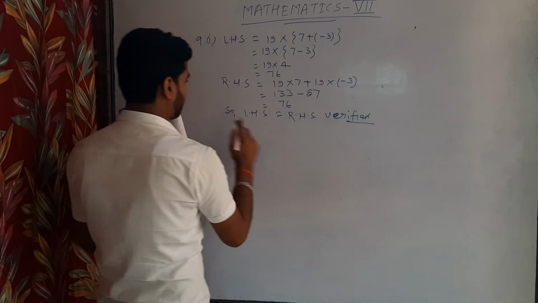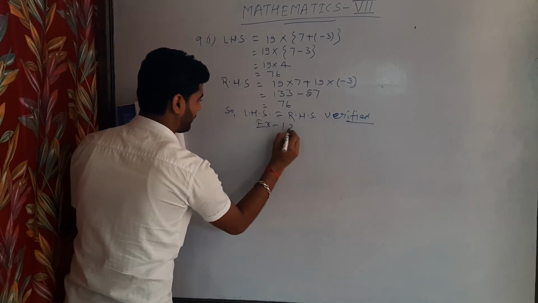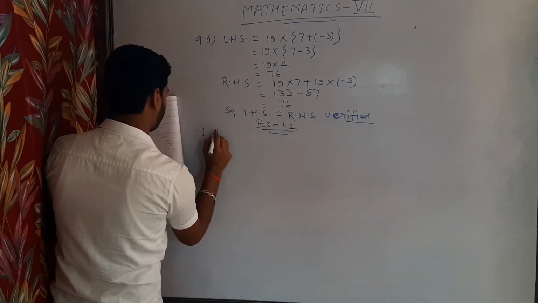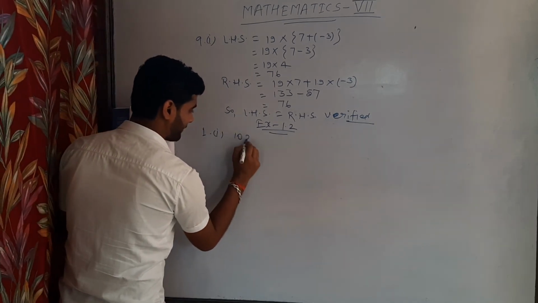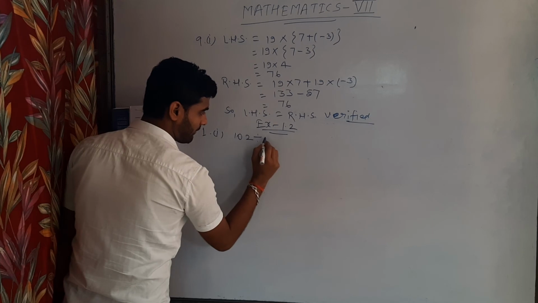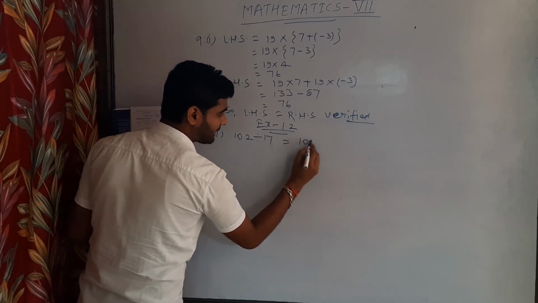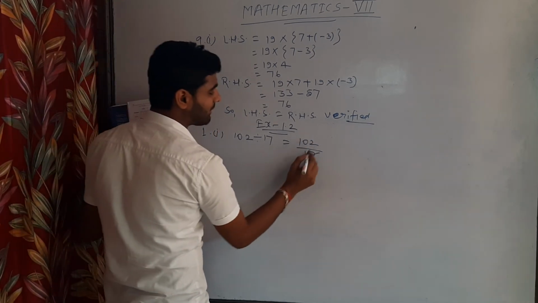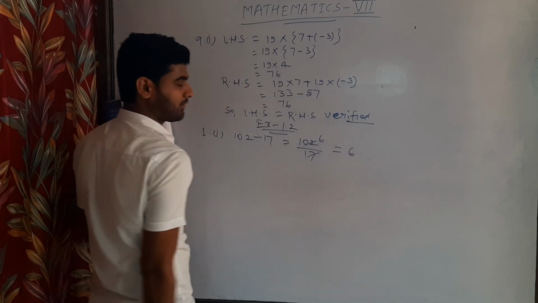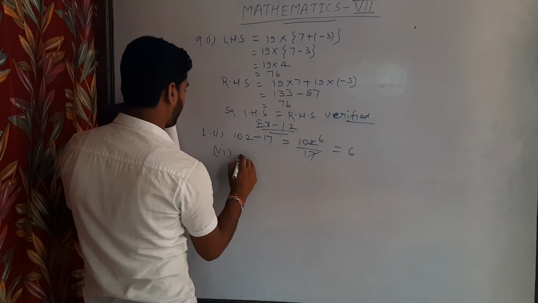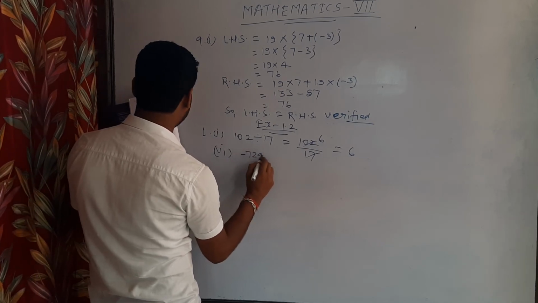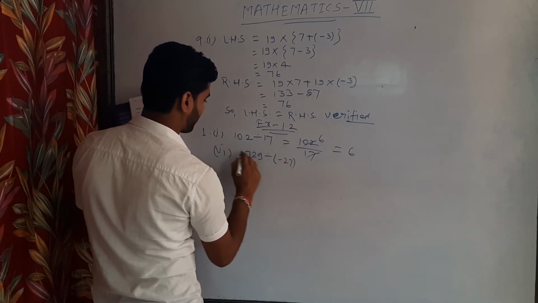Now we get to exercise 1.2. Question number 1 first. Divide 102 by 17. So we write 102 by 17. 17 6s are 102. The result is 6. Question number 6. Divide minus 729 by minus 27.